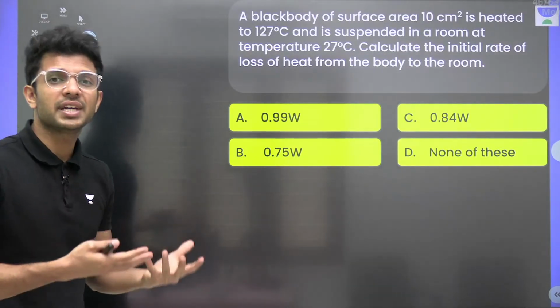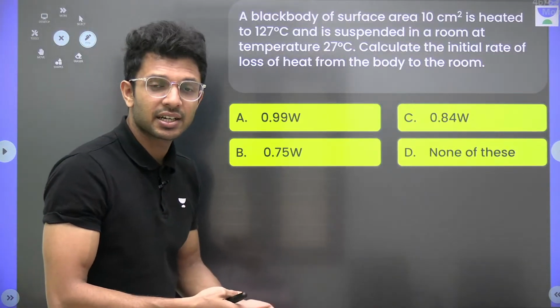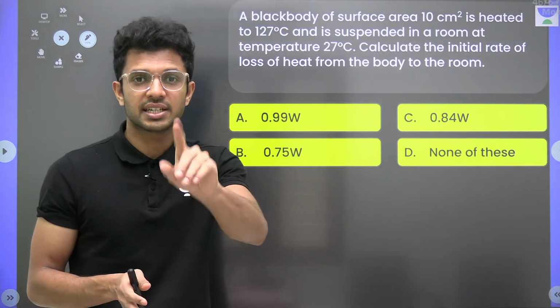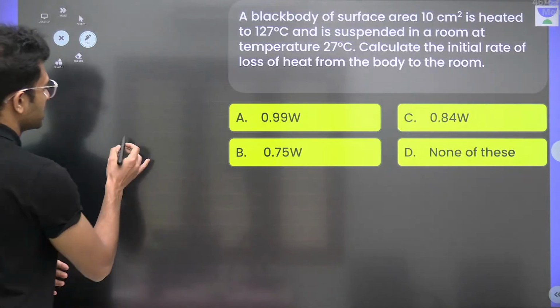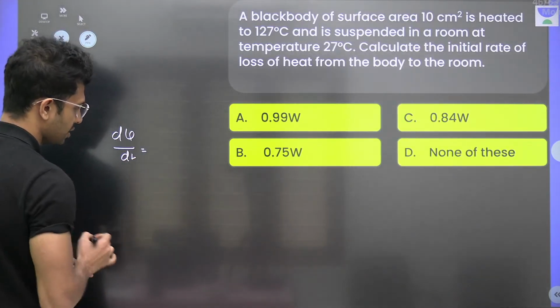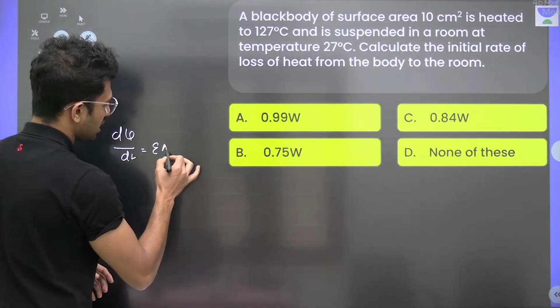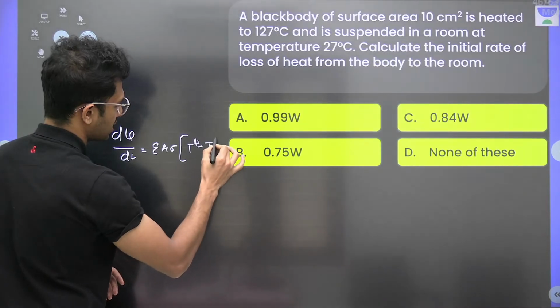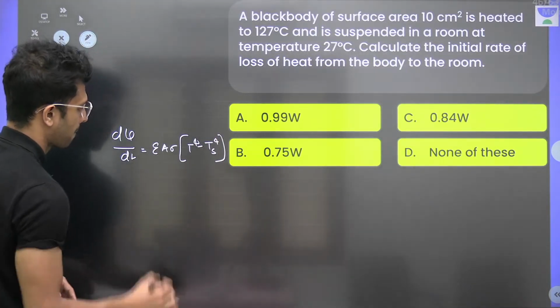How much heat energy is being radiated, or moving out of the body in terms of radiation, is the question. We just need to write down the formula. dQ by dt is equal to EA sigma (T to the power 4 minus T surrounding to the power 4).